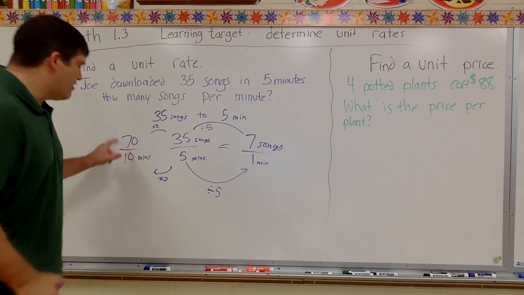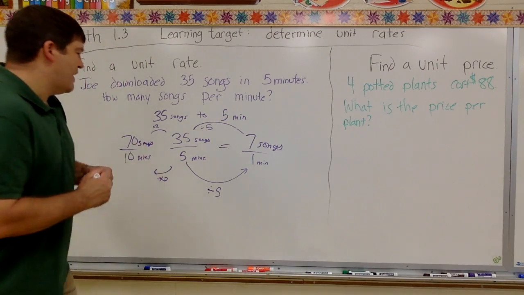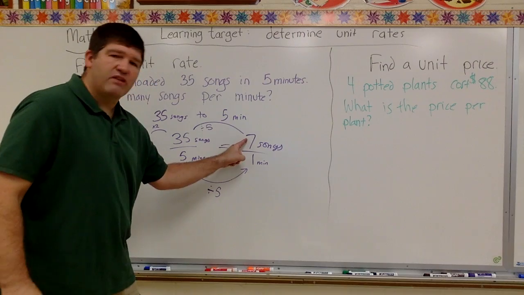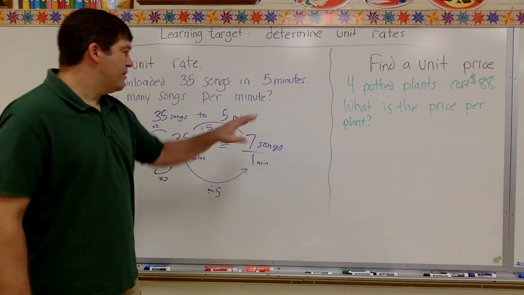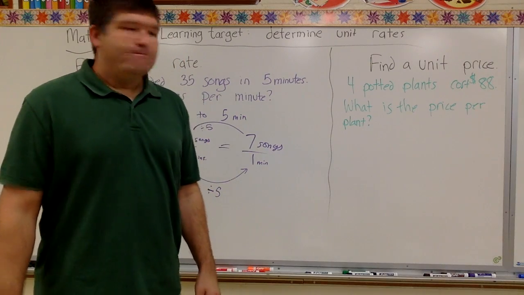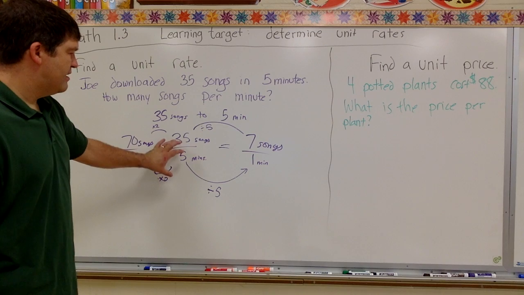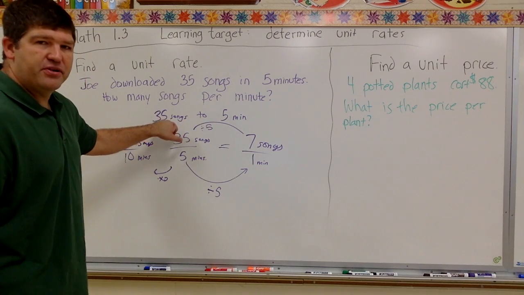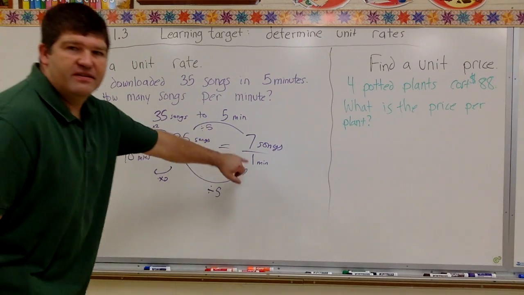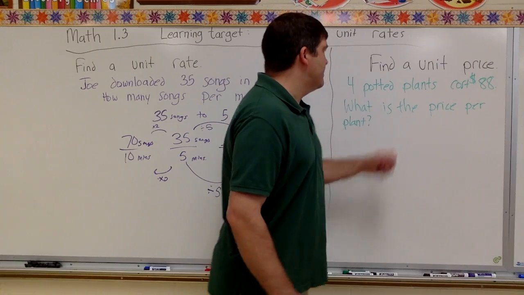I could do 70 songs in 10 minutes, which is the same as 35 songs in 5 minutes, which is the same ratio of 7 songs to 1 minute. 1 minute being my unit, 7 songs. So we've applied some of that, writing it as a ratio, and then writing it as a fraction, and then you just reduce it. Okay? All right.